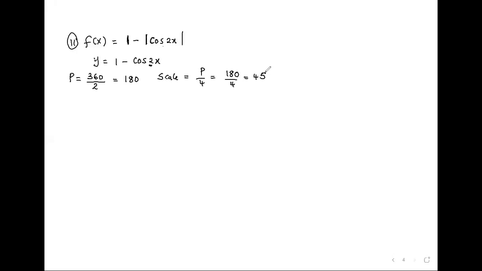Then I'm now looking for the horizontal shift. So 2x is equal to 0, meaning x is 0. Then I get the vertical shift. That would be 1. Or do they want the amplitude? The absolute value of negative 1, which is 1. So now I'm sketching.